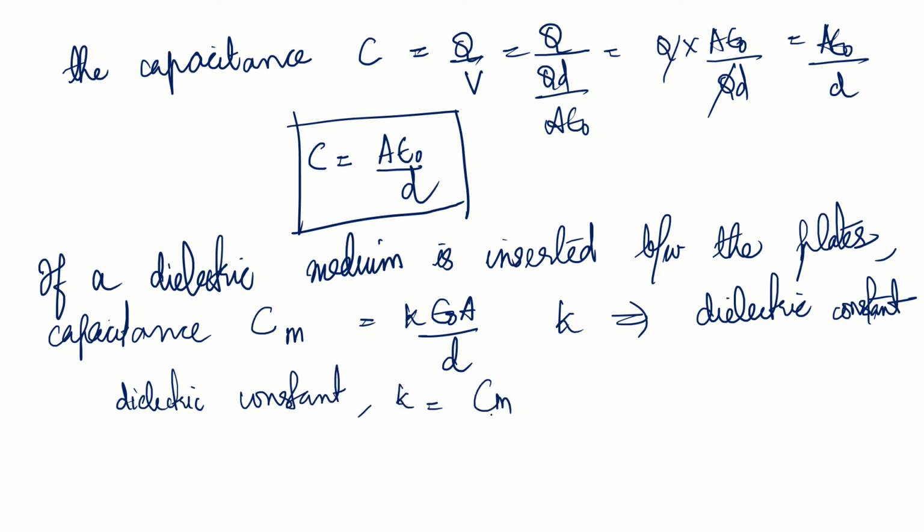What is K equal to? K is equal to Cm by C naught.